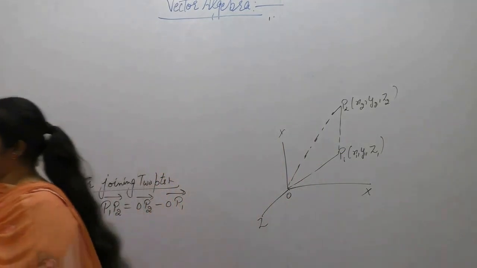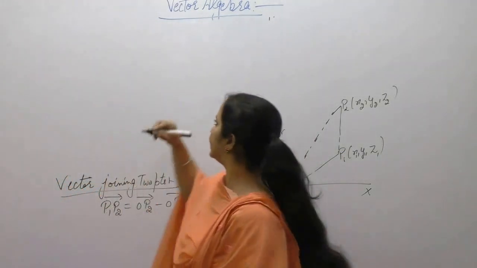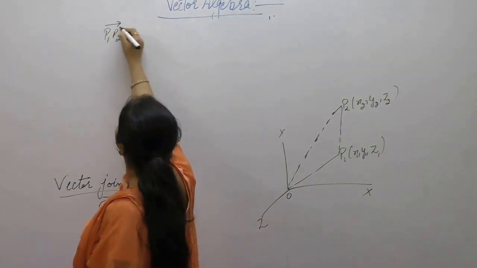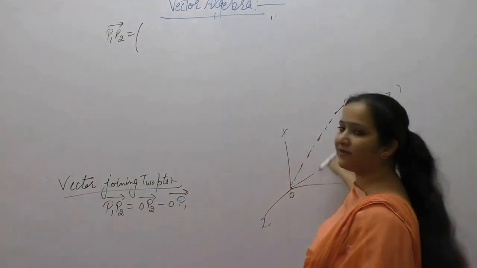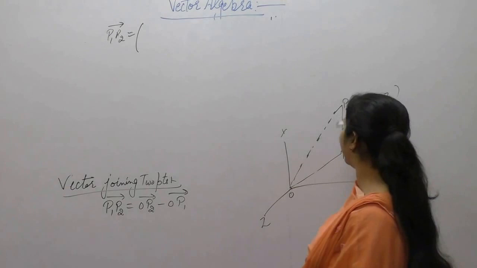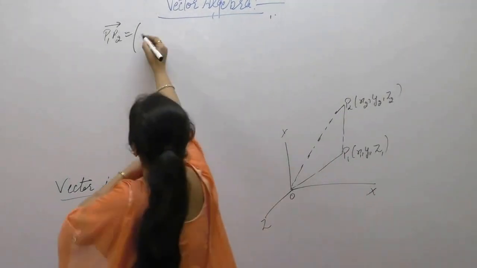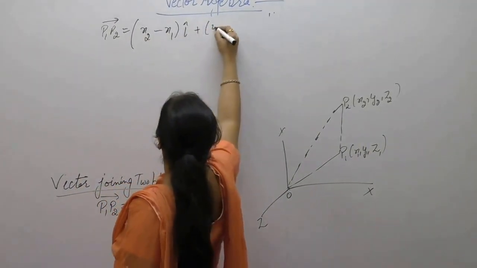So if we want to find the equation of the vector joining two points, then that is equal to P1P2, which is vector OP2 minus OP1. x2 minus 0, y2 minus 0 and z2 minus 0, it remains the same. So it becomes x2 minus x1 i cap.